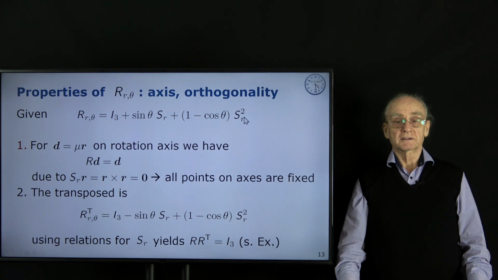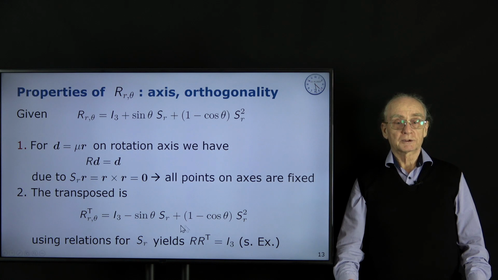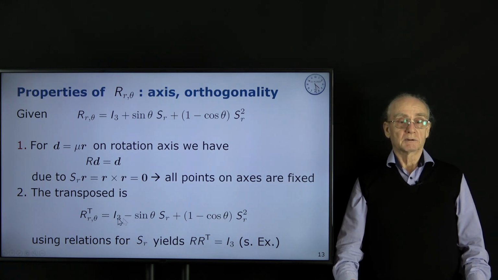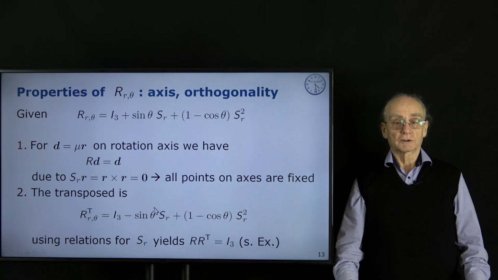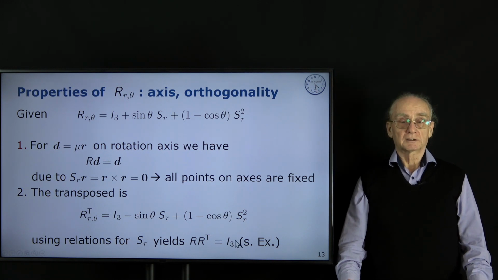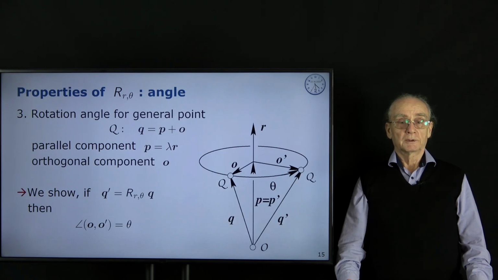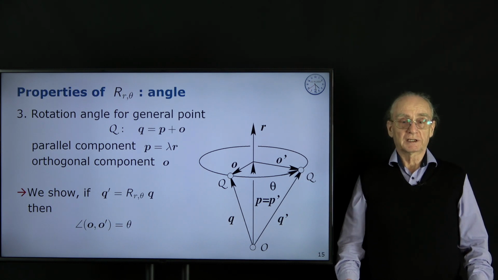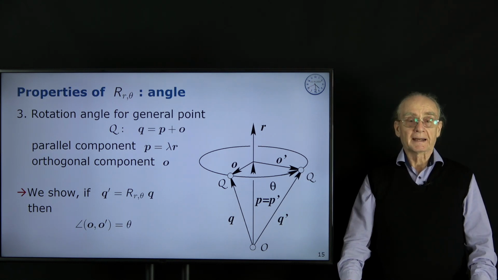And we know that S_R squared is symmetric, so this also stays. So we just have a sign change here. And it's a simple exercise to multiply these two matrices in order to show that this product is the unit matrix. So we are left with the problem whether the rotation matrix actually rotates around R with the angle theta.